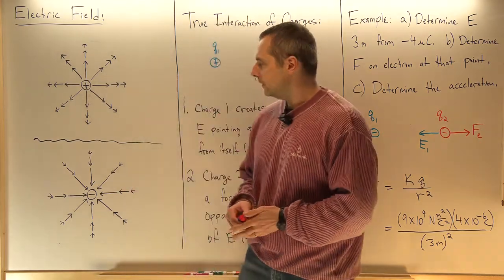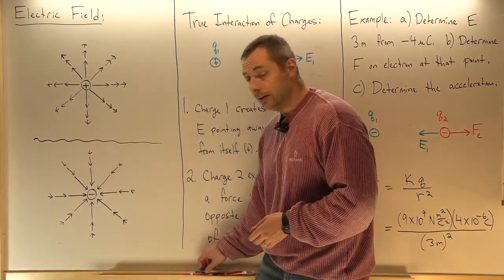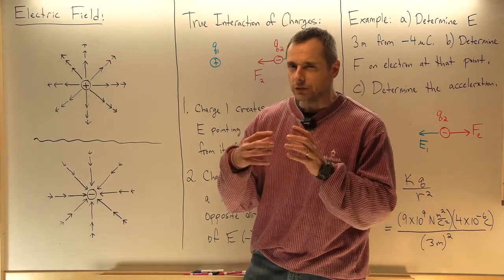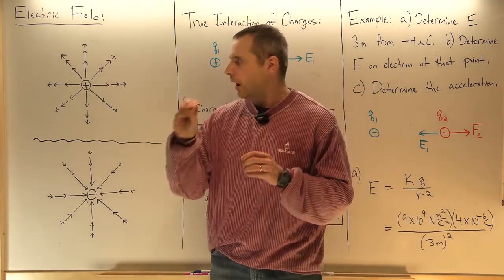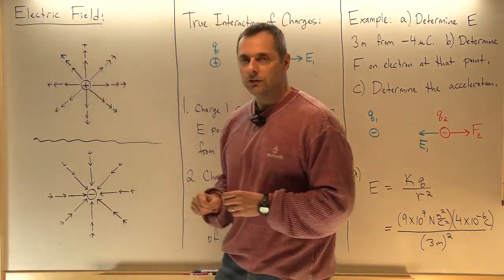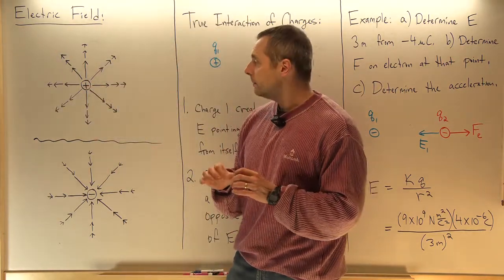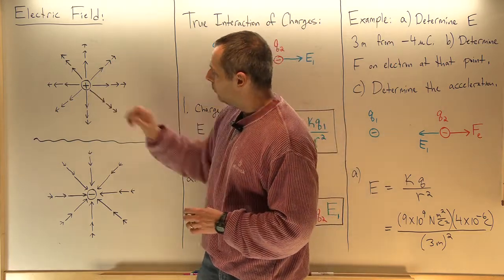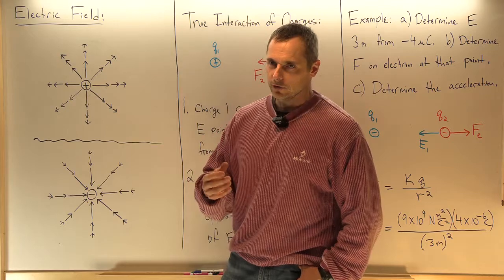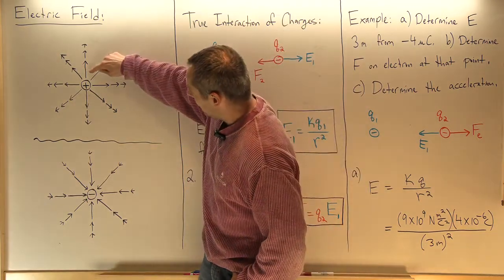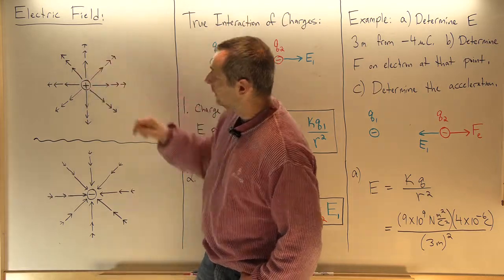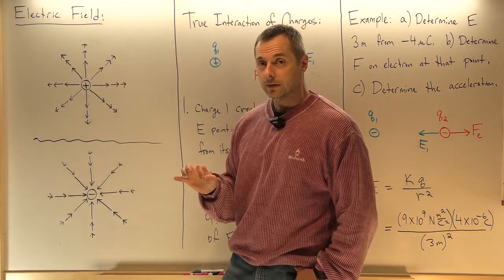So what is an electric field? It's essentially a disturbance in space. The charge somehow changes space. If you have a positive, then all around it, it creates this electric field. And it's thought of as a vector, an arrow that points away from positives and towards negatives. And there's a pattern to this electric field. Notice that at this distance, right near the charge, all the arrows point away, but they're the same exact length.